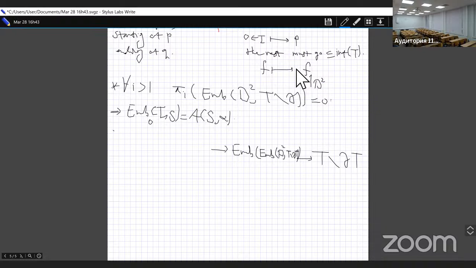Embeddings. Just, fixing what, okay, take a point in D, any point.